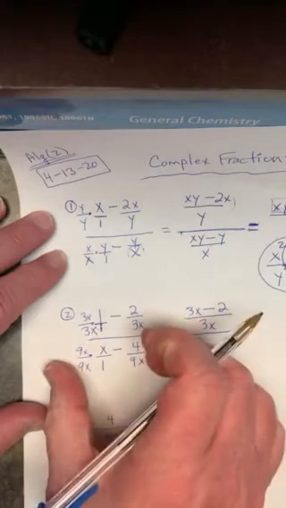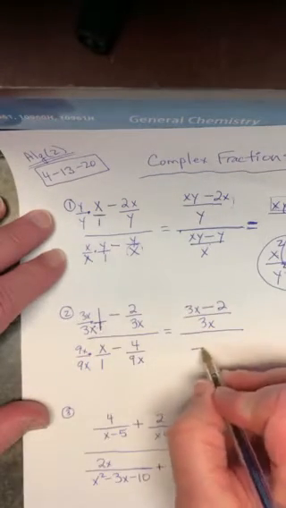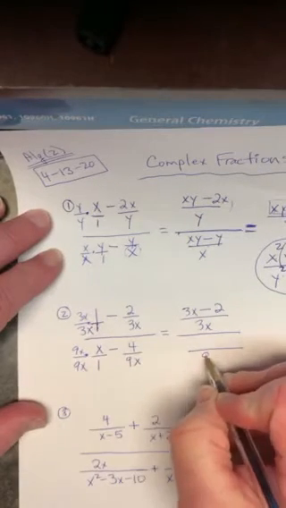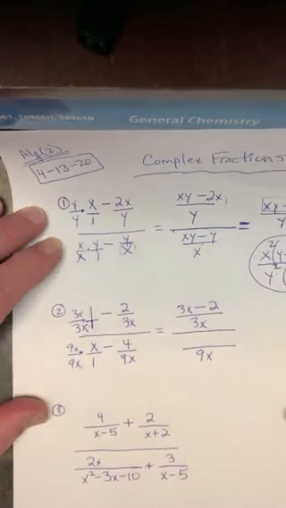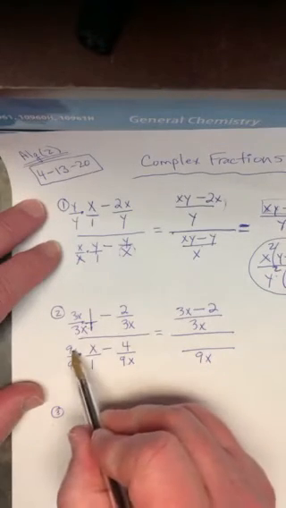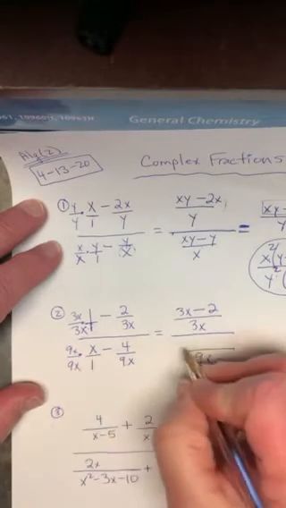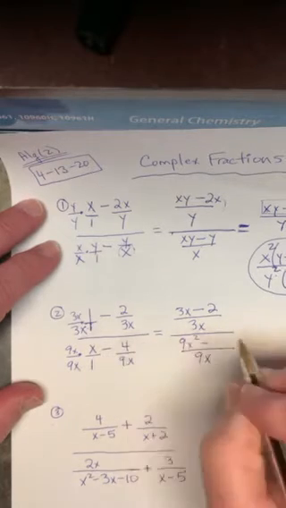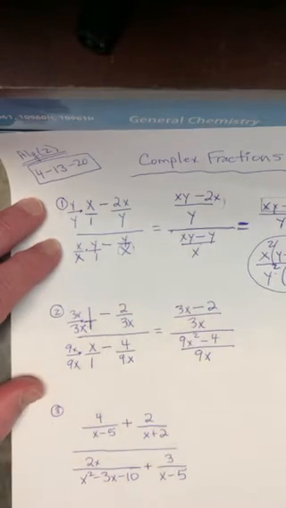So when I combine these together and get one fraction, my common denominator is obviously 9x. And up top, careful, I've got 9x times x, so that's 9x squared. Then minus, of course, that other number, 4.